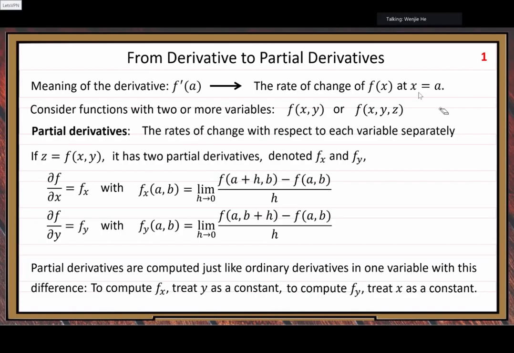That's the relatively hard part. In the ordinary derivative case, you never need to worry about this, but for partial derivatives you do. Sometimes this is constant, sometimes that is constant.